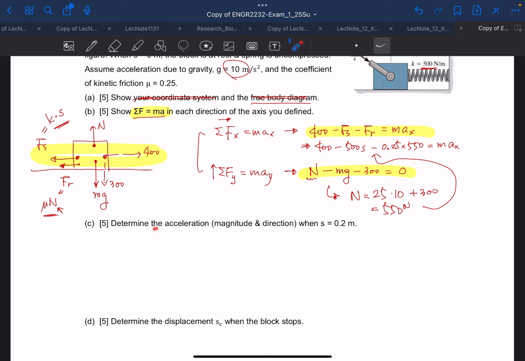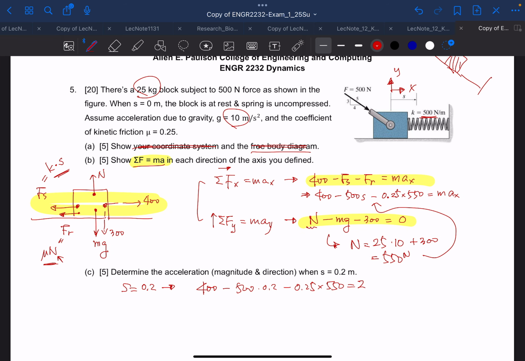So determine the acceleration, magnitude, and direction when s is 0.2 meter. So we want to find out this guy. So s is 0.2, therefore 400 minus 500 times 0.2 minus 0.25 times 550 is, what's my m?